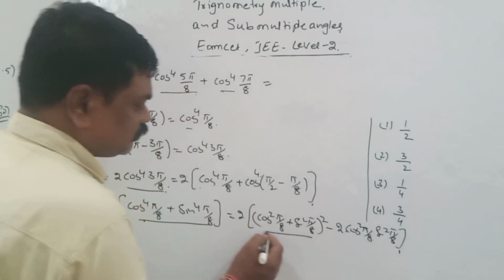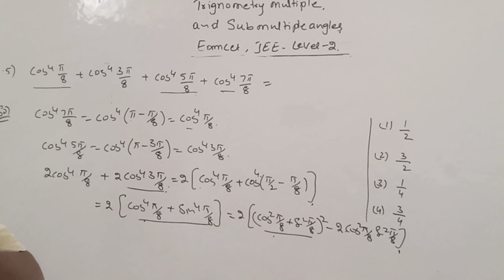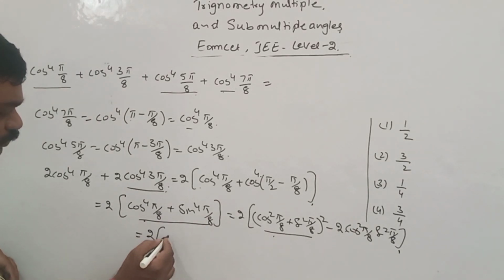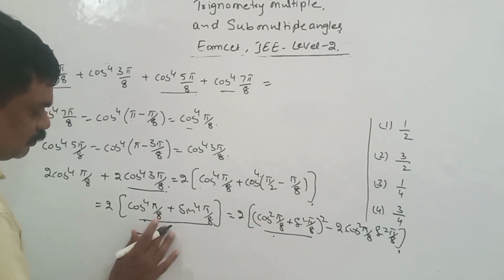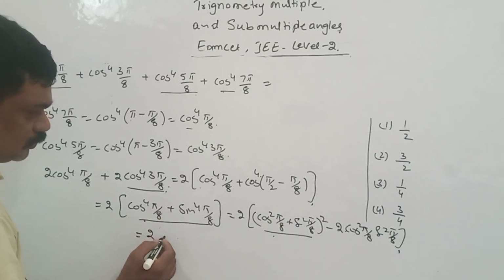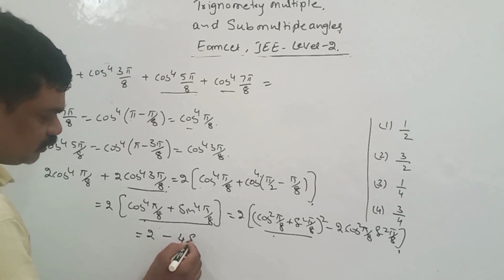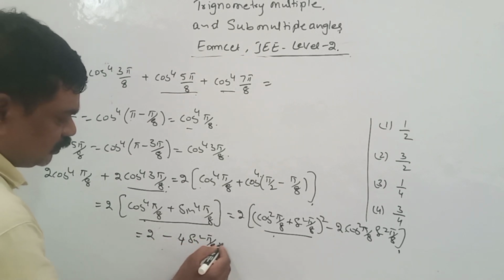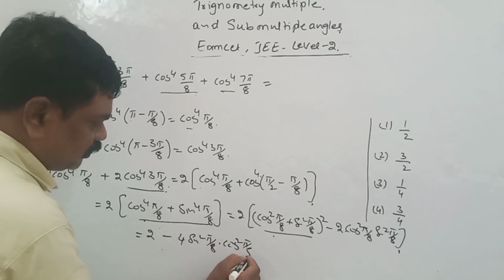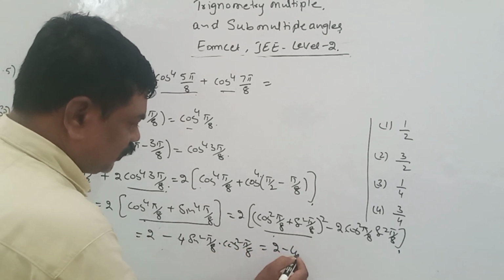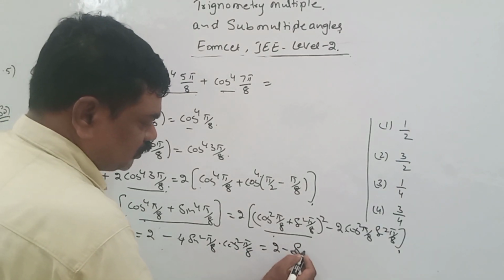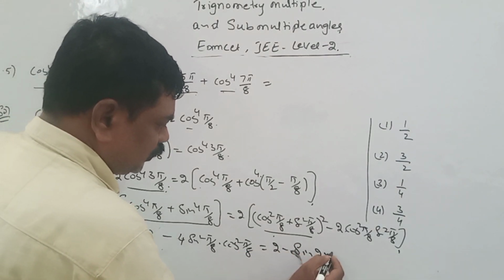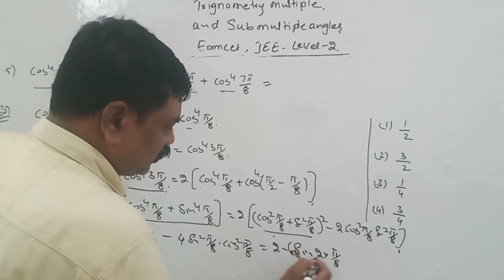Now cos square theta plus sin square theta is equal to 1. So we have 2 into (1 square minus 2 sin square pi by 8 cos square pi by 8), which is 2 minus 4 sin square pi by 8 cos square pi by 8. This is 2 minus (2 sin theta cos theta) square, that is sin of (2 into pi by 8) whole square.